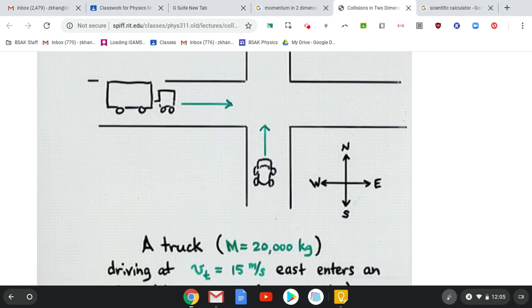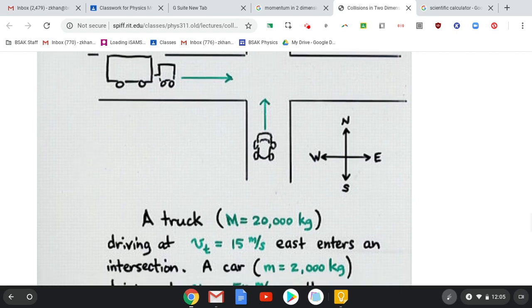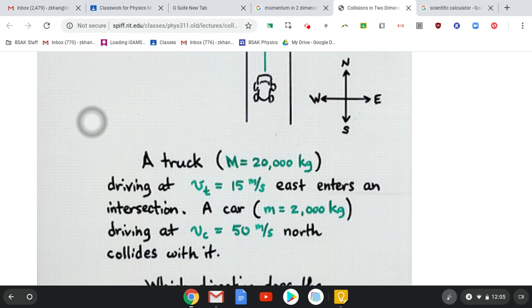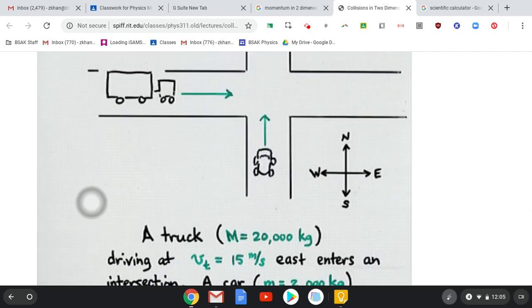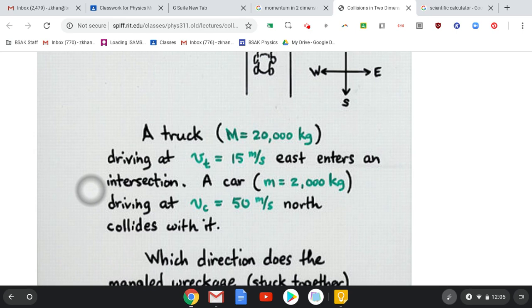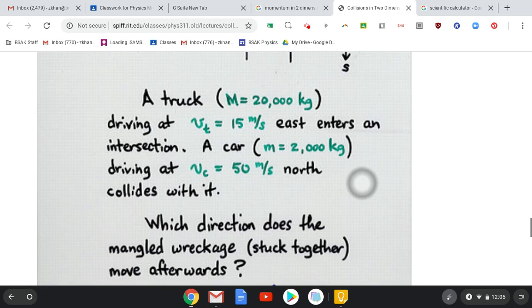The truck has a mass of 20,000 kilograms. It's moving at 15 meters per second. The car has a mass of 2,000 kilograms and is driving at 50 meters per second, and they collide at the junction and get mangled between each other.